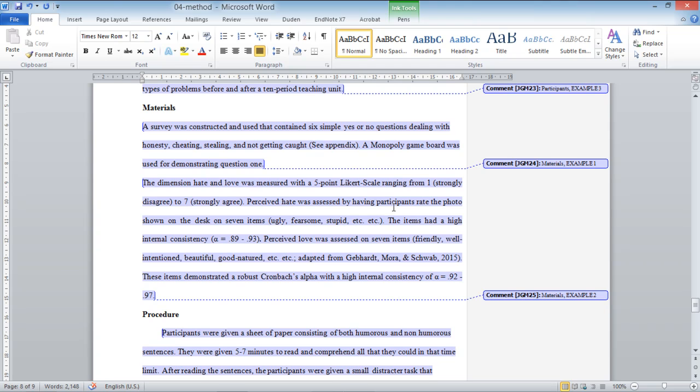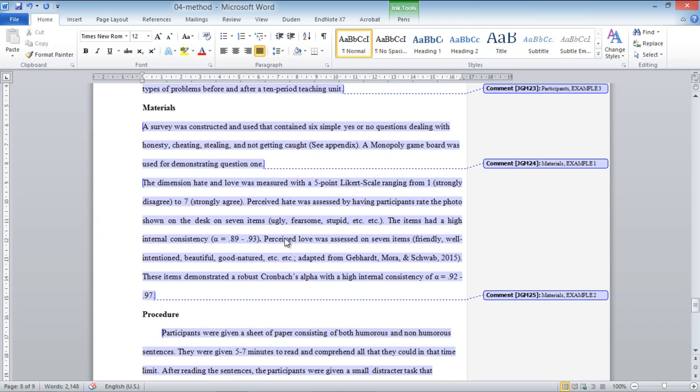Here, although in the method section you do not discuss results, you can write the internal consistency, the Cronbach's alpha of your items. If you adapted the scale from other researchers, as I said before, you have to credit them.